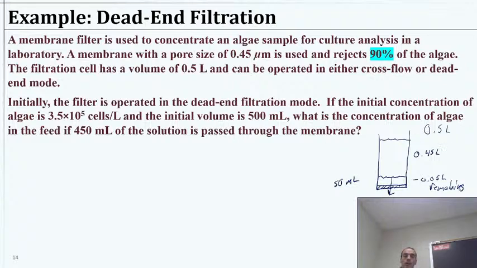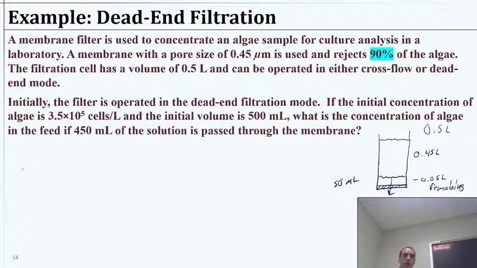So really, if we had perfect removal, this would just be 10 times more concentrated, because we had 10 times less water, but all the same cells. Okay, so we could write that out mathematically, but intuitively, we shouldn't be too far from 3.5 times 10 to the 6. But some of the cells are escaping, so we have to account for that.